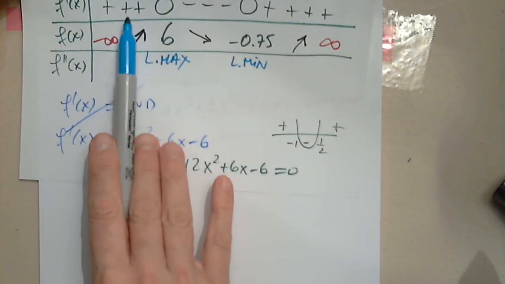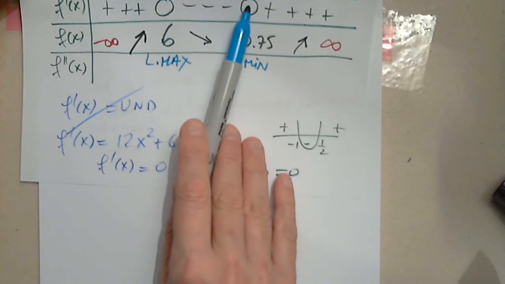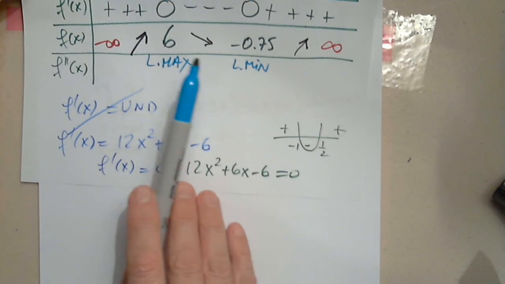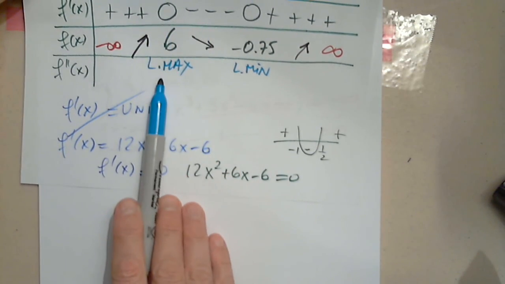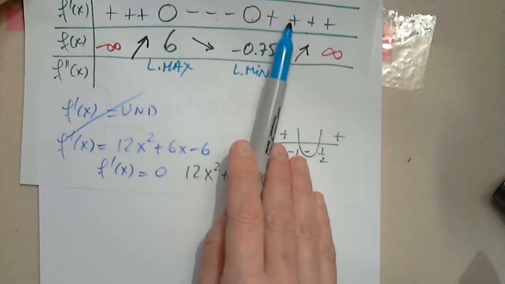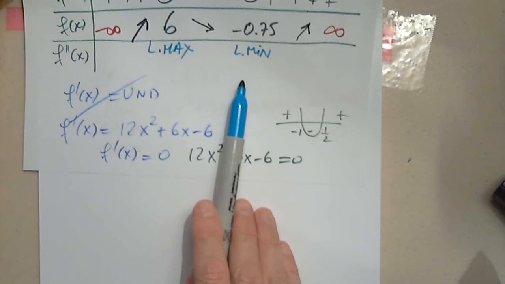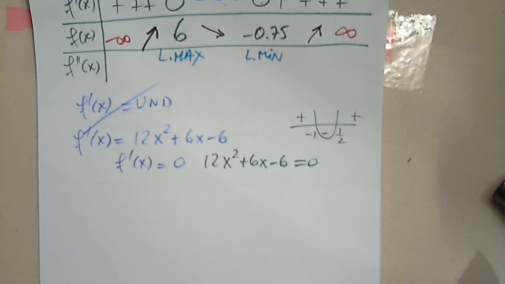That is given by the sequence of signs. Positive 0, negative is local max. Negative 0, positive is local min. Positive undefined negative is still local max. Negative undefined positive will still be local minimum. It's not the case here, but I just wanted to refresh your memory.